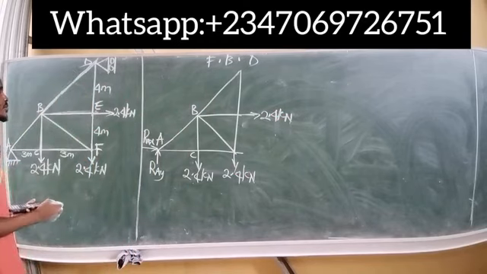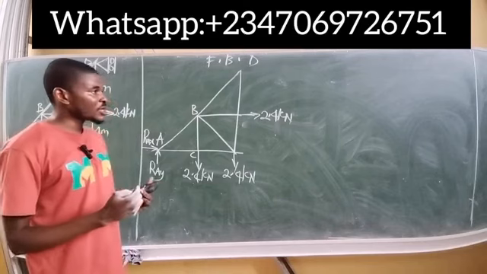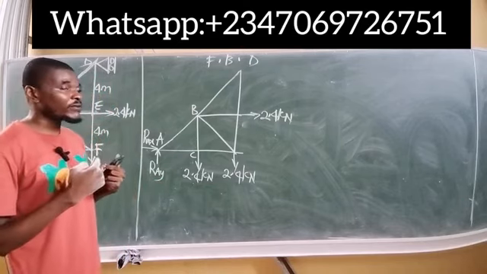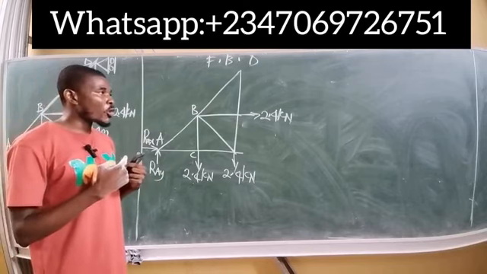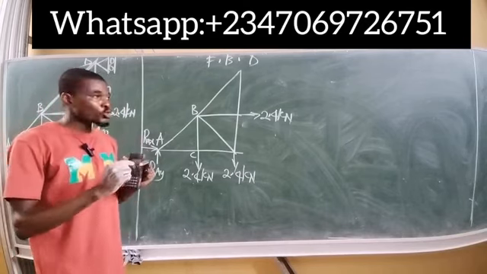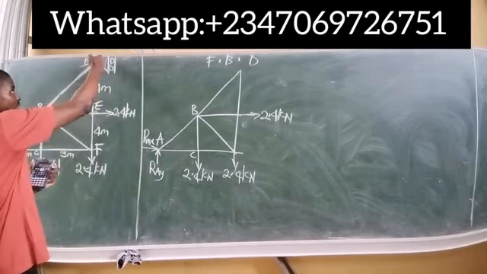Now, at point D, we have a roller, and I've always said for a roller support, we have just one reaction. That reaction must be normal, perpendicular to the surface of contact. Which means this reaction must act at 90 degrees to the surface it is acting on.